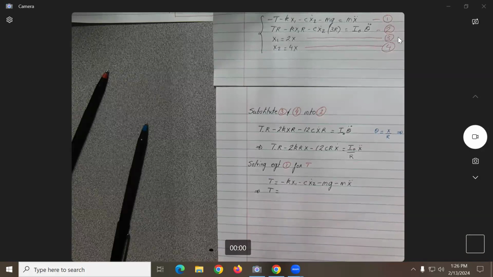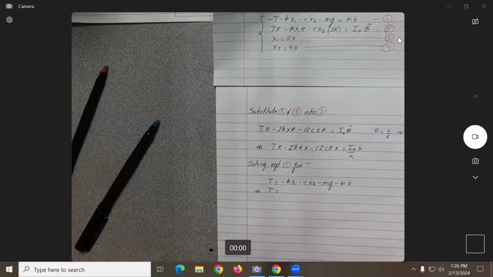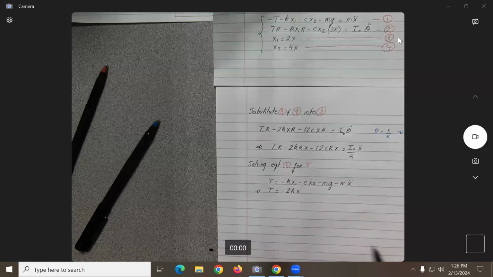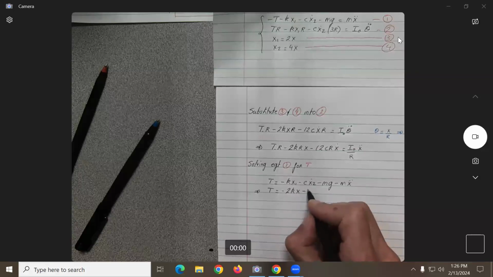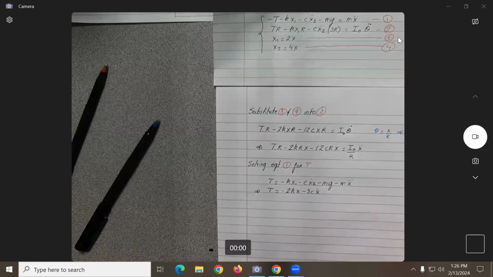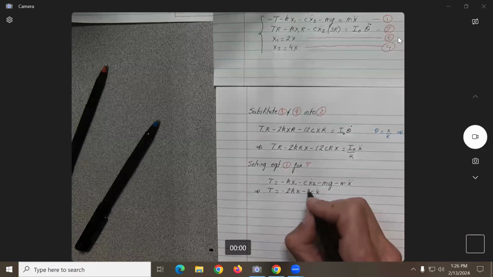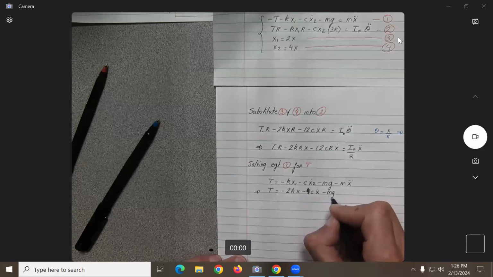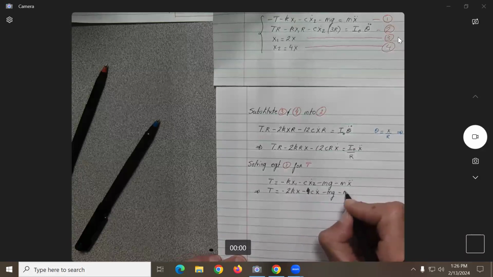T is equal to what? This one is so simple, but it's still going to give us some algebra. What was x1? So it would be minus 2kx minus 3cx dot, no, 4cx dot minus mg minus mx double dot.